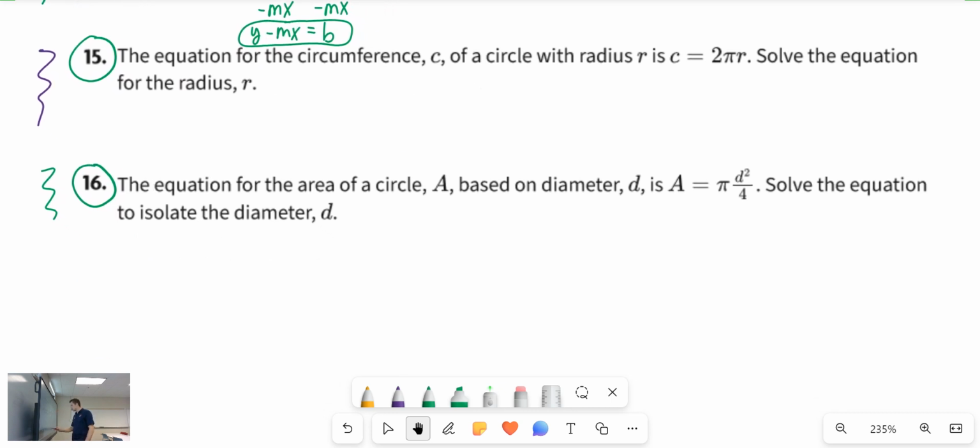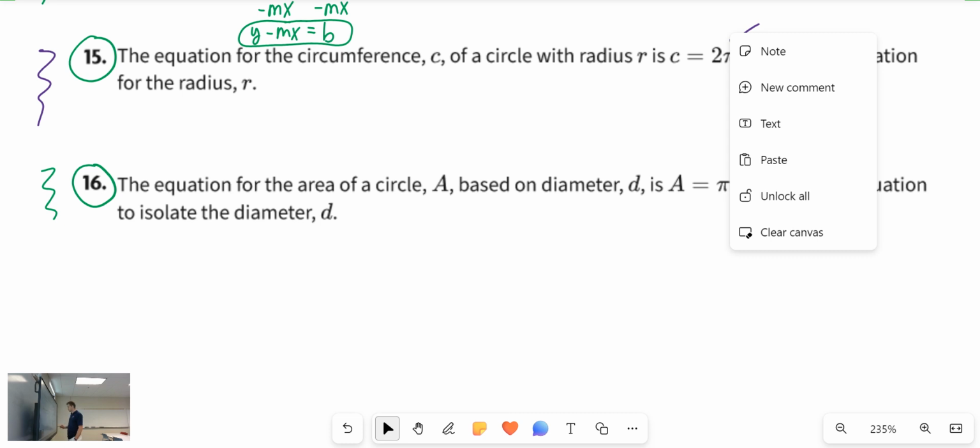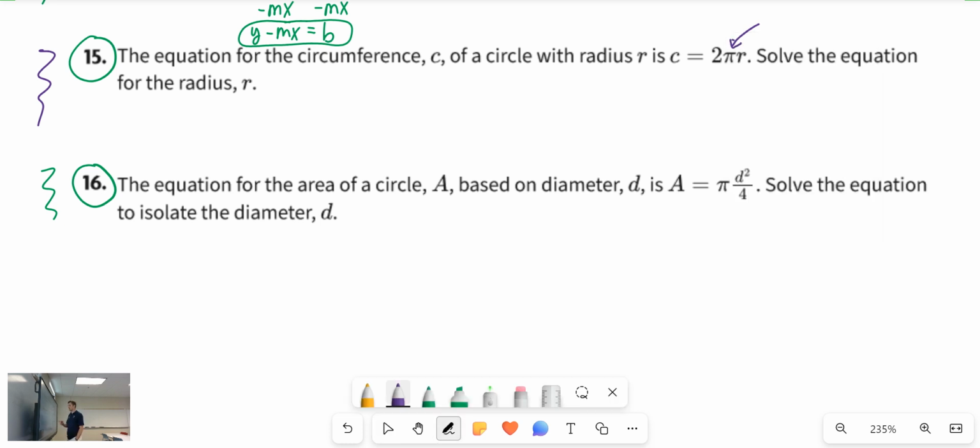All right, 15. Oh boy. The equation for the circumference c of a circle with radius r is c equals 2 pi. If anybody is not familiar, this is the symbol for pi.